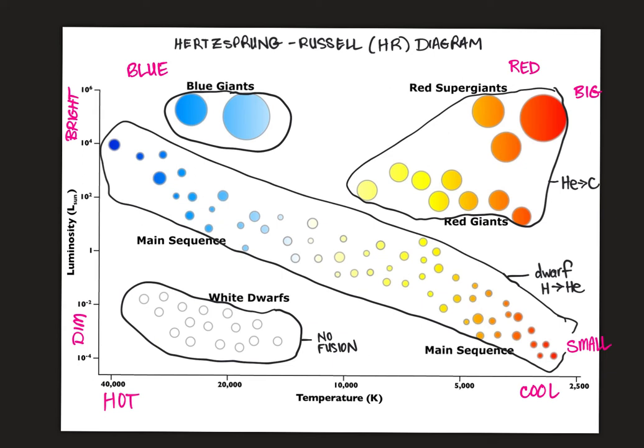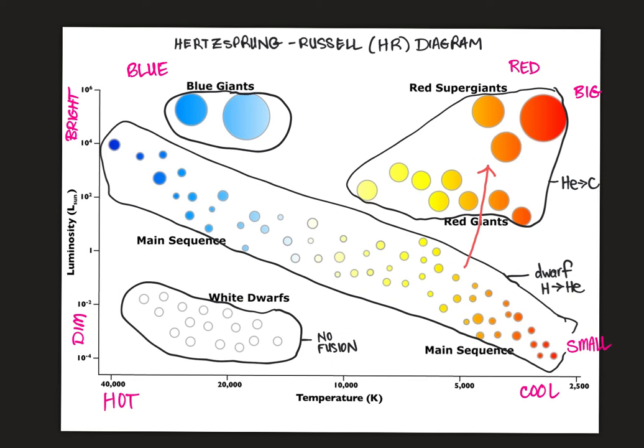So what's kind of interesting here is that one star over the course of its life can plot in a couple of different areas on this graph. It can start in the main sequence. Once it's done fusing hydrogen to helium, when it runs out of hydrogen, it will go up and become a red giant.